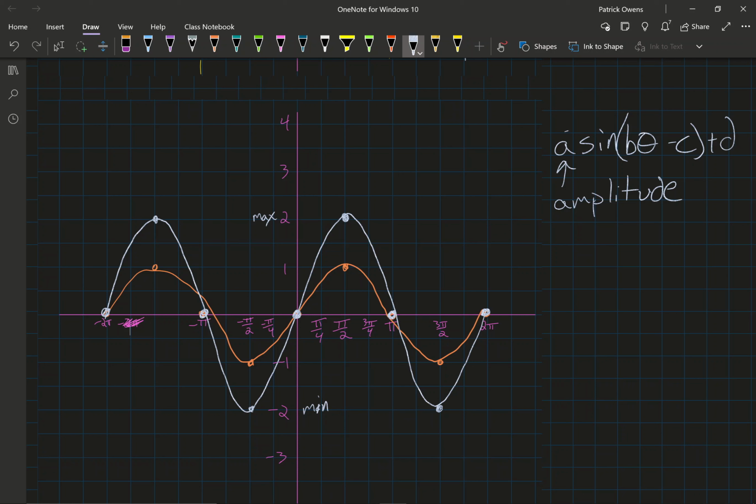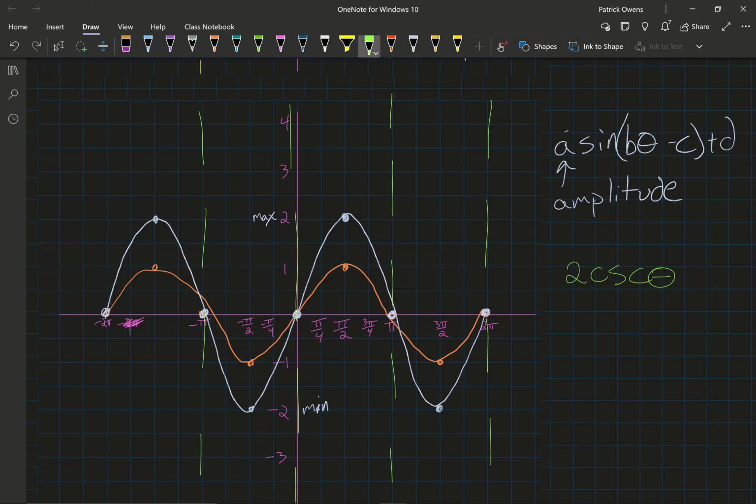And then for secant and cosecant, because they are based on sine and cosine, they're going to follow a very similar rule. So for example, I forgot to mention that was 2 sine theta. Let's do 2 cosecant theta. Well, you have the same asymptotes where sine is equal to 0.